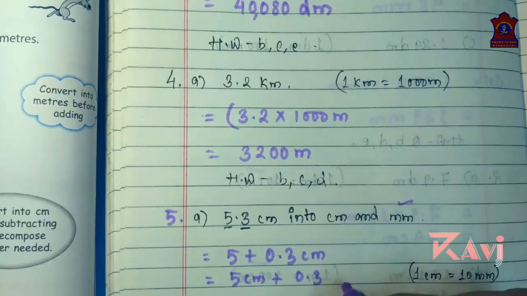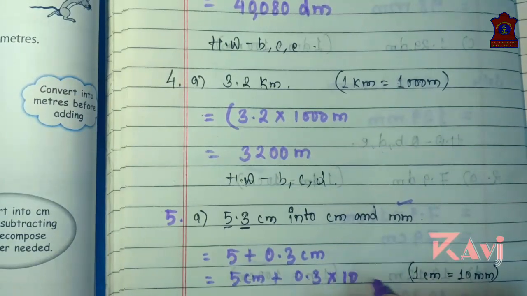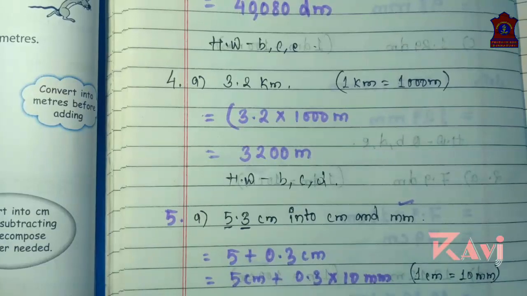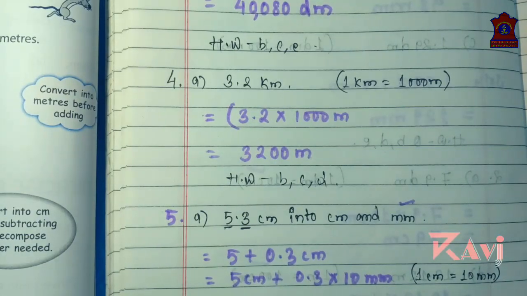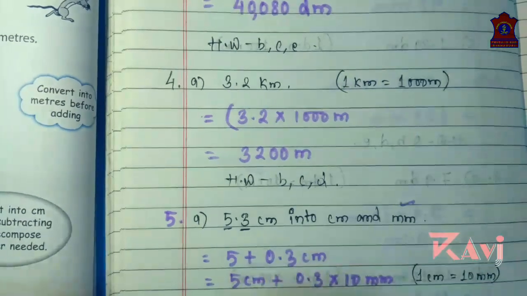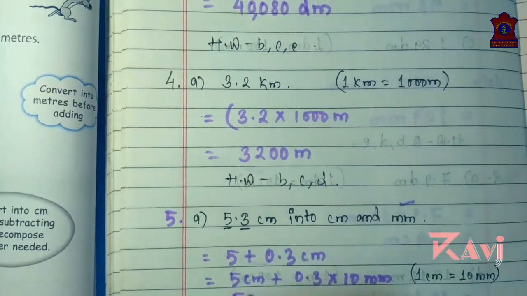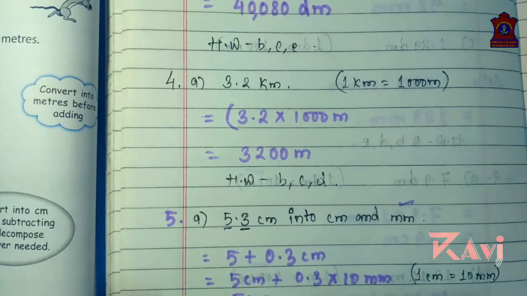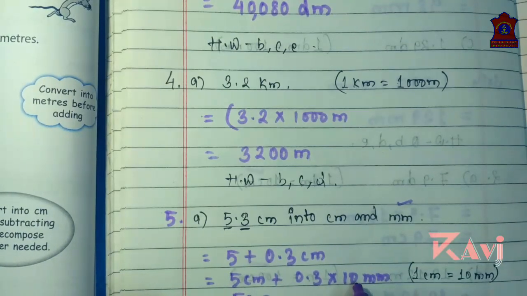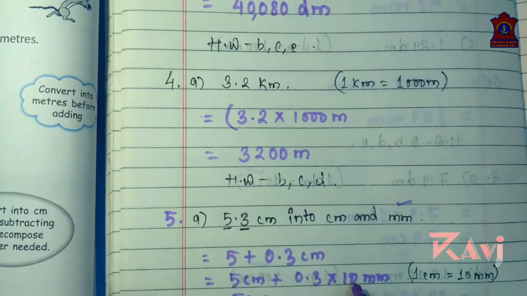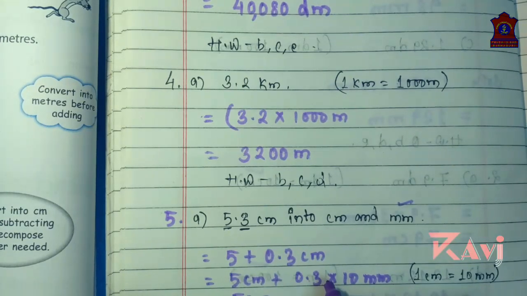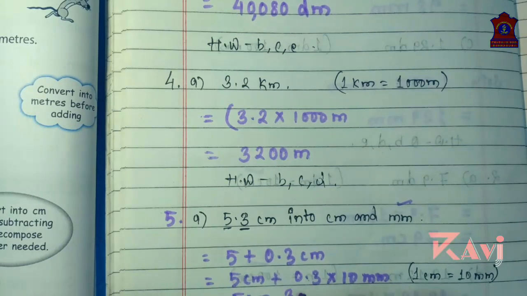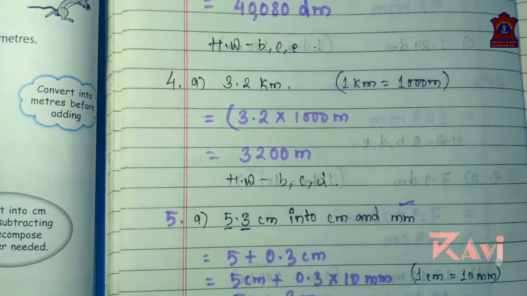So 0.3 will be multiplied by 10 millimeter. So the answer will be 5 centimeter. 0.3, there is a 0 in 10, one 0, so this decimal will move to the right by one digit. This is 5 centimeter 3 millimeter is the answer.